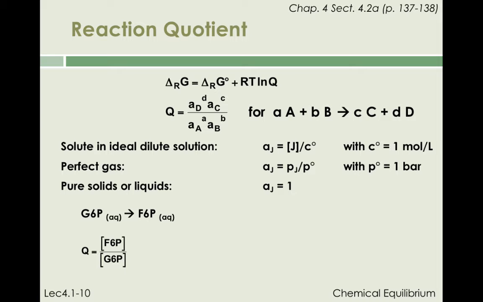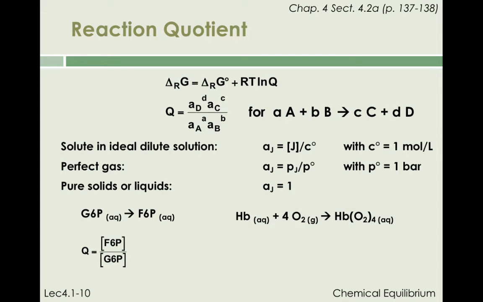For solutes in solution, assuming they follow the ideal dilute solution behavior for now, we replace activities by molarity divided by standard molarity, or 1 molar, to get Q equal to the ratio of molarity of F6P divided by molarity of G6P. No exponents are used in this reaction quotient since all stoichiometric coefficients are unity.